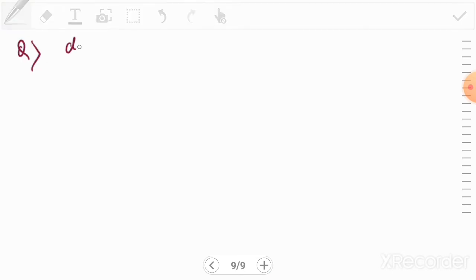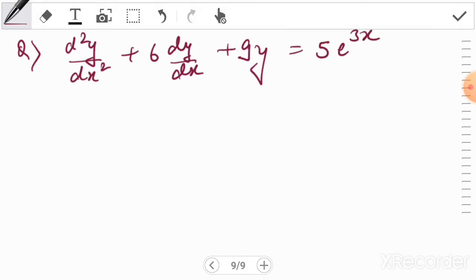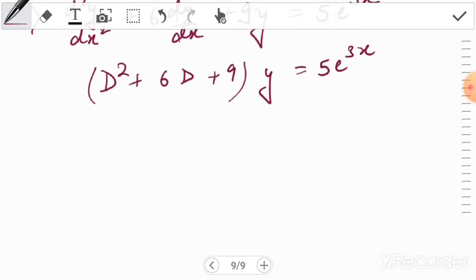Okay, so let us understand this with an example: d square y by dx square plus 6 dy by dx plus 9y is equal to 5 e raised to the power 3x. The auxiliary equation is D square plus 6D plus 9 is equal to 0.